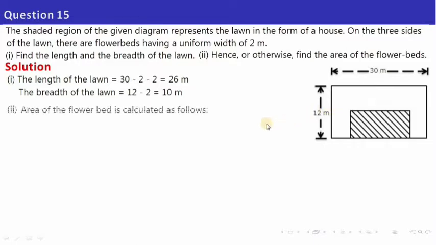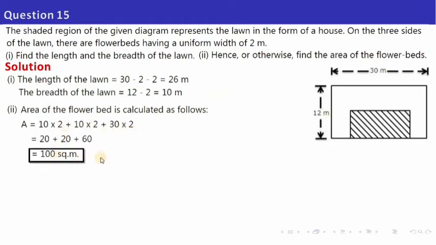So the area of the flower bed can be calculated as length into breadth, that's 10 into 2, this is also 10 into 2, and this is 30 into 2. When you add all of them, you get your area of the flower bed to be 100 square meter, right? So you may pause the video and note down your solution.